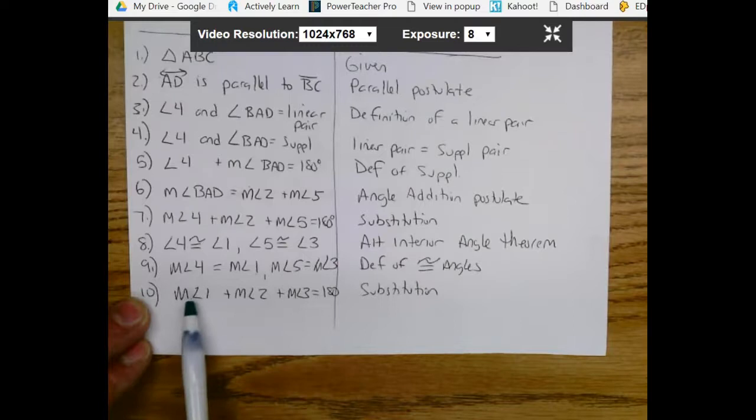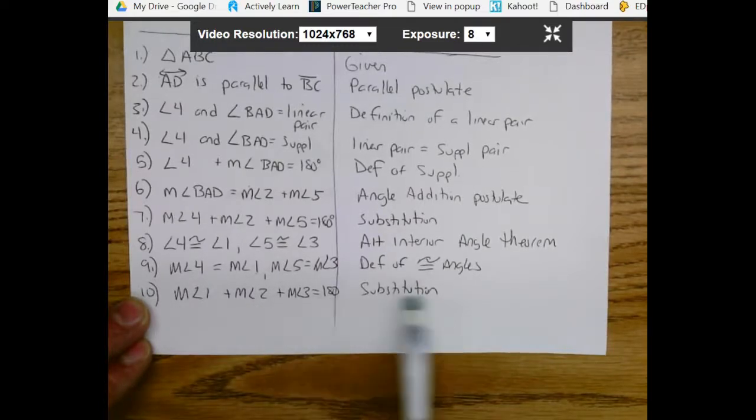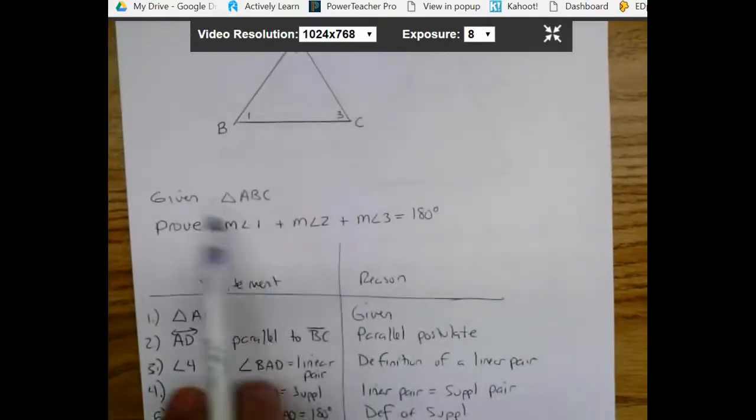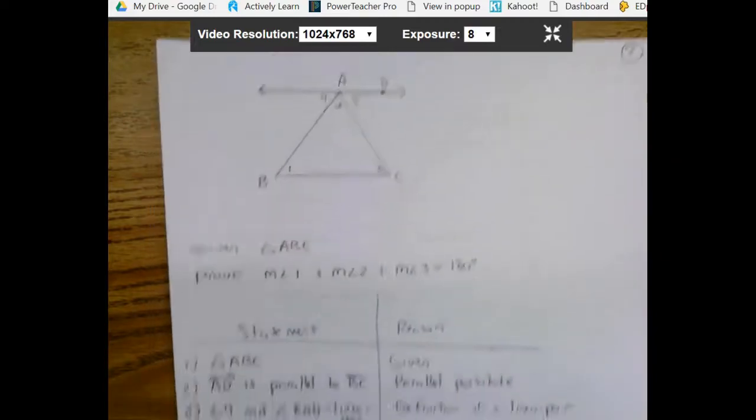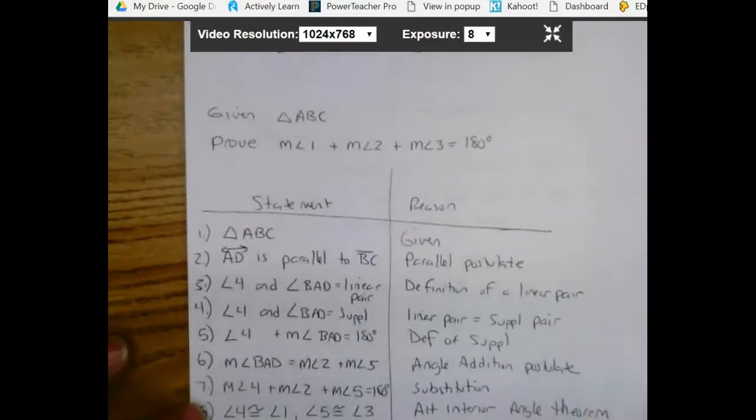So in total we have the measure of angle 1 plus the measure of angle 2 plus the measure of angle 3 equals 180 degrees. We've proven what we wanted at the beginning by using this parallel line and the alternate interior angle and congruent angle theorems. That's an example of how you use that to prove things about triangles.